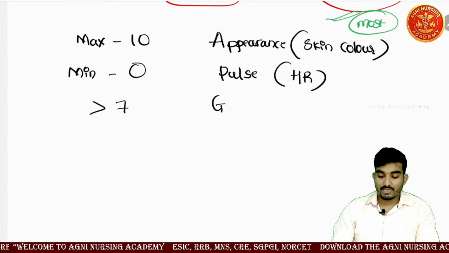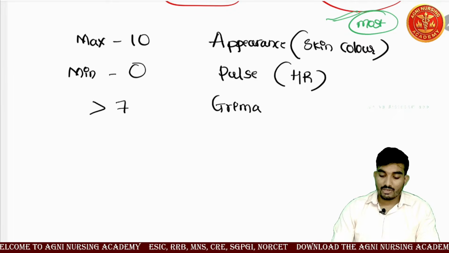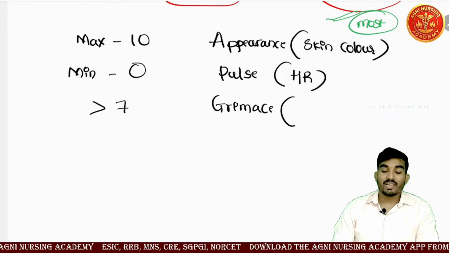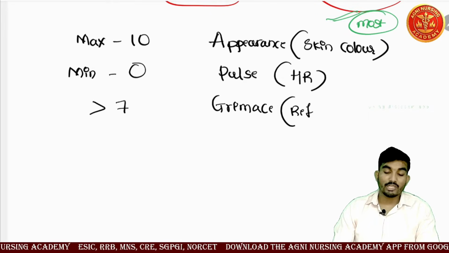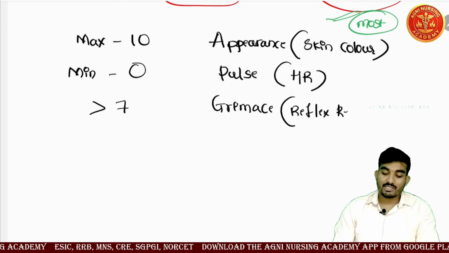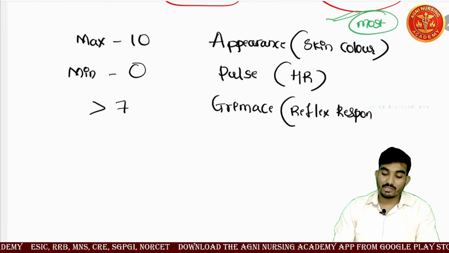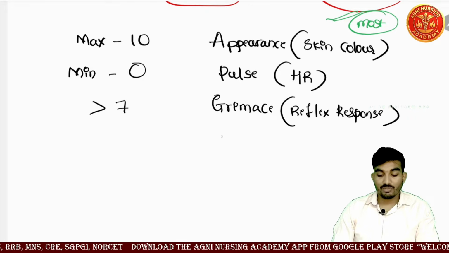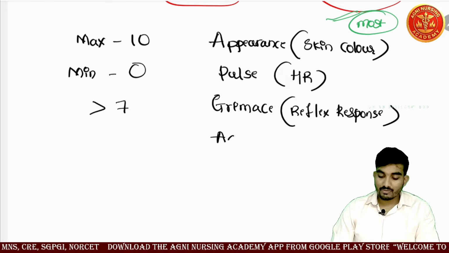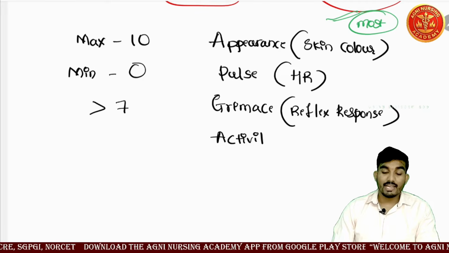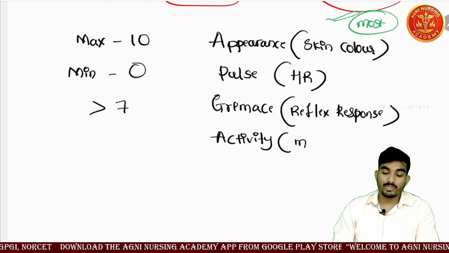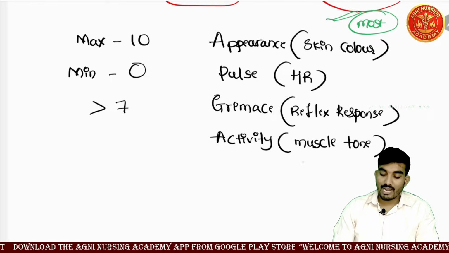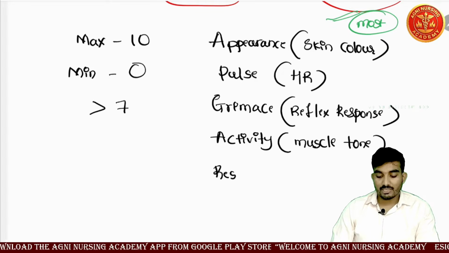Third one is grimace, in which we give stimuli to the child and assess the reflex responses. Fourth one is activity, in which we assess the muscle tone of the child, and the last one is respiration.